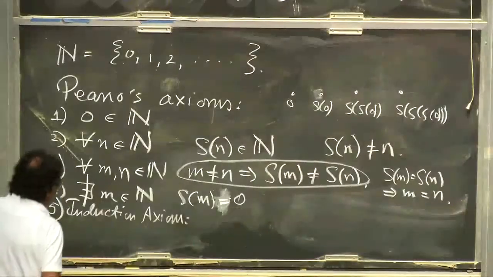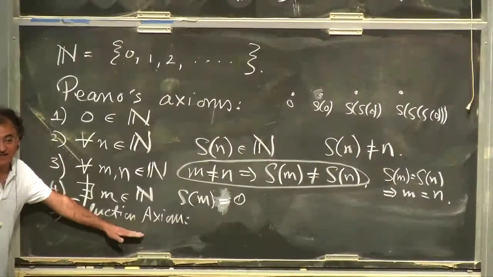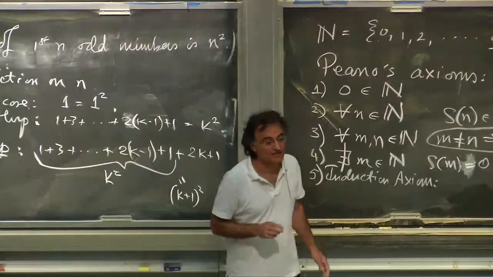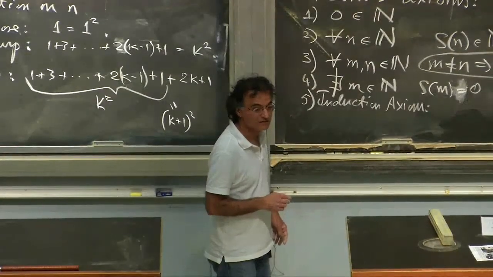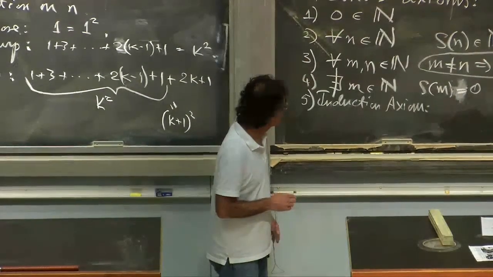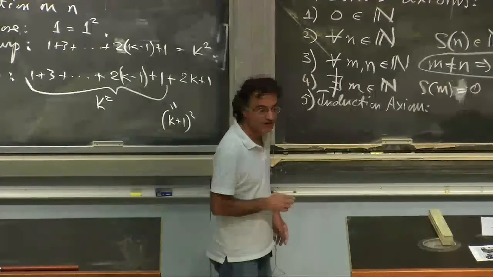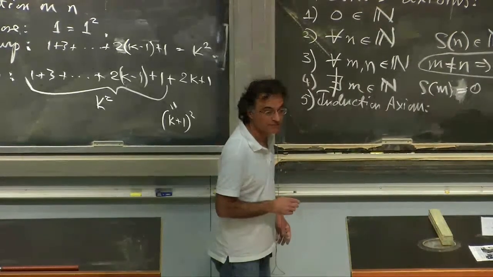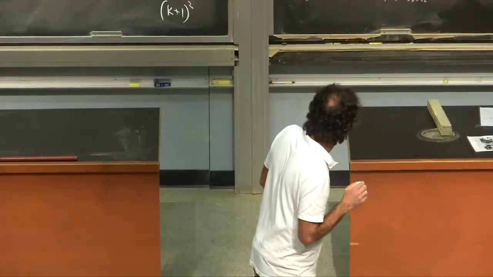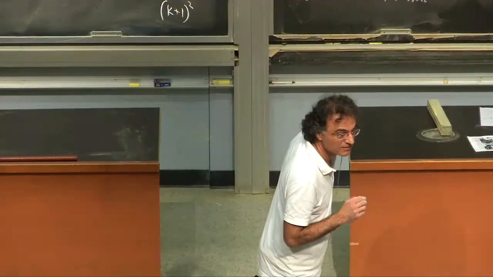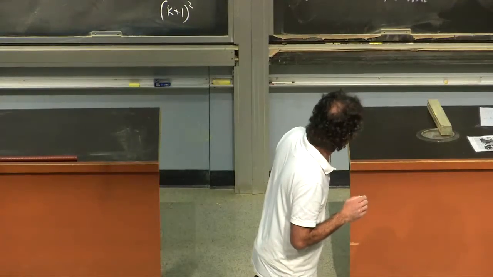Okay. The last axiom is the induction axiom. Should there always be a successor after 0?